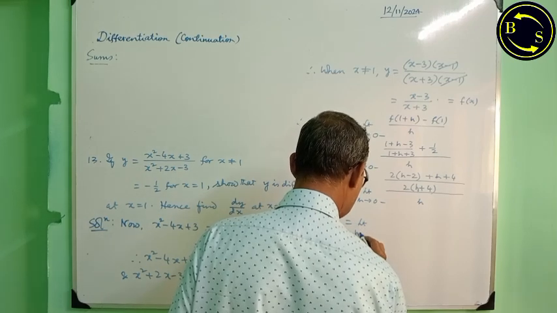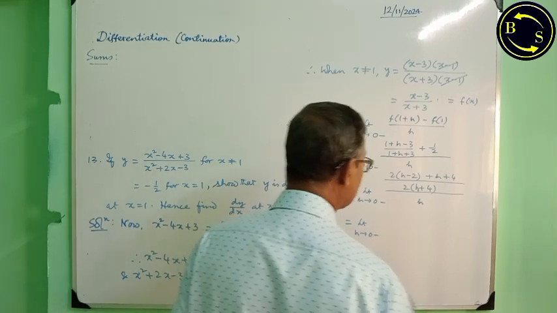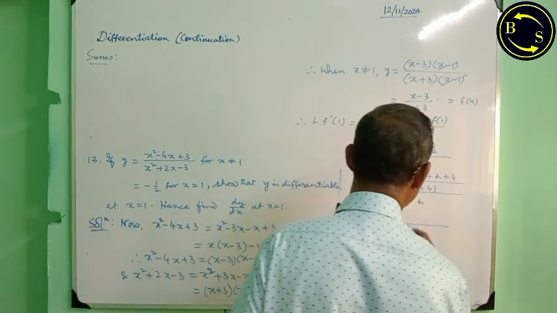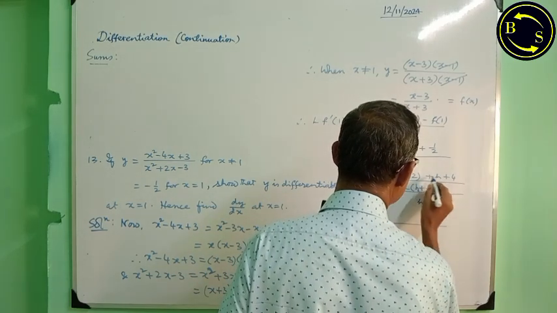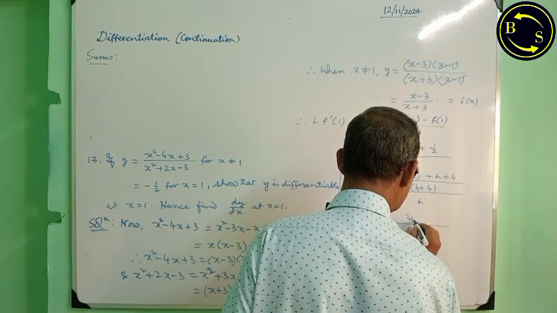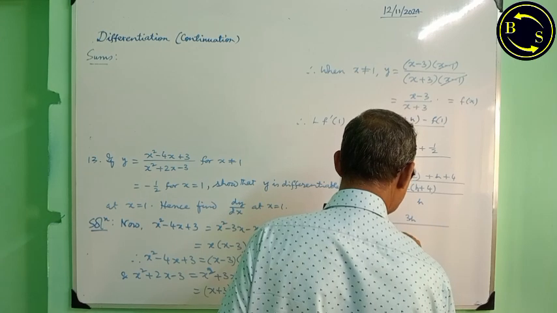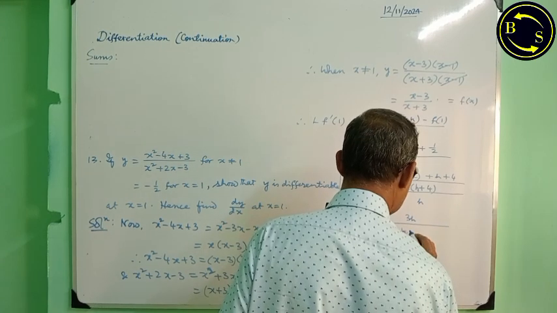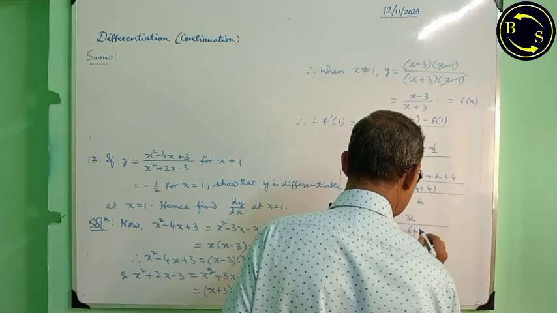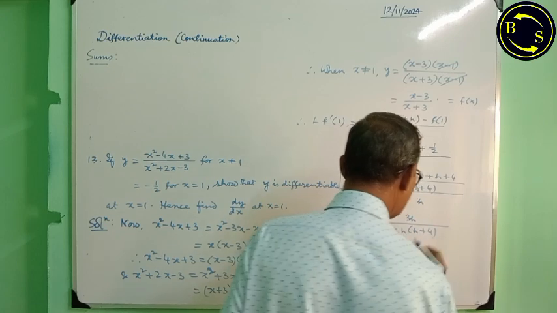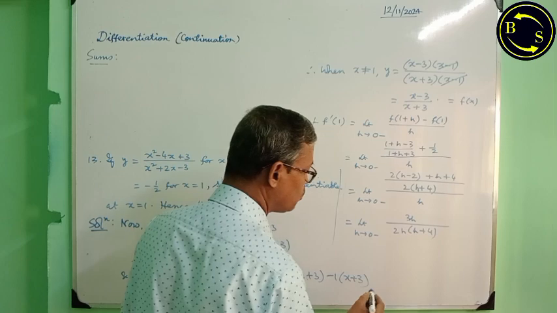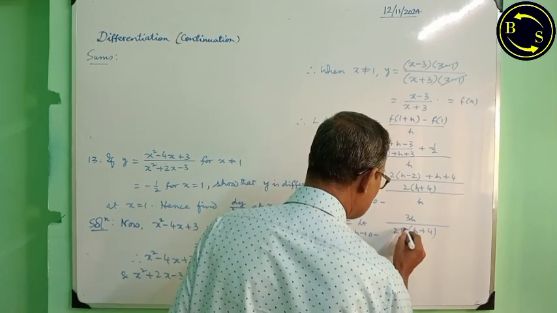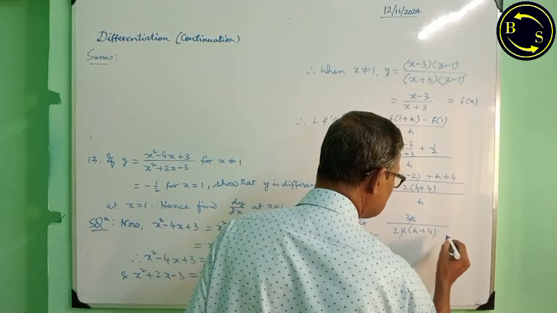Limit h tends to 0 minus, 2h minus 4, 4 cancelled, 2h plus h, 3h, and 2h into (h plus 4). Now h is non-zero, therefore I can cancel.